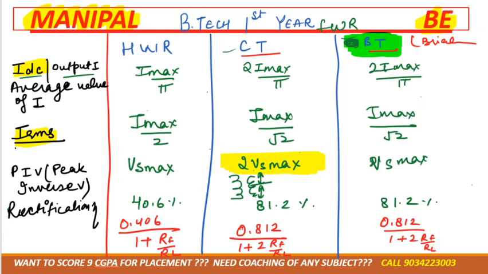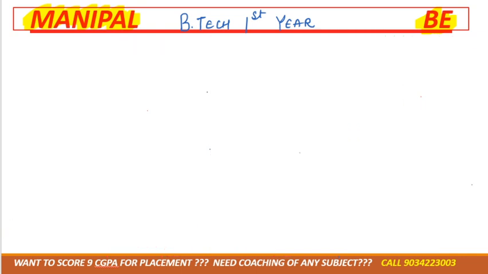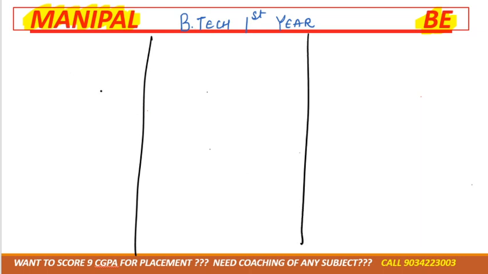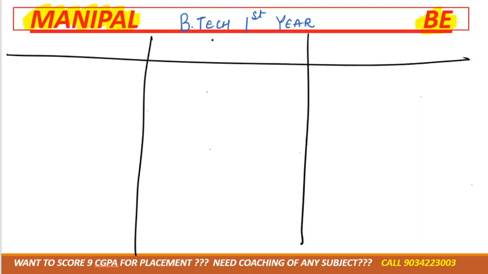Now after that we'll have peak factor and form factor also, which sometimes they'll ask you. Before that they'll ask you the ripple factor for half wave and full wave, center tap and bridge type, right?